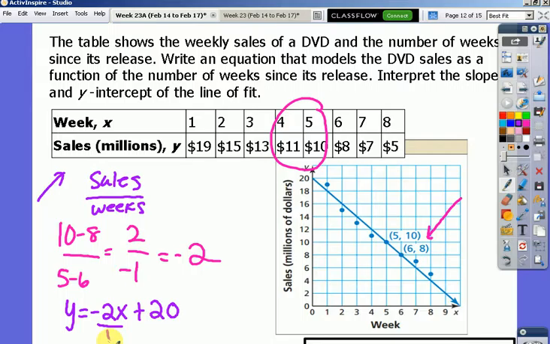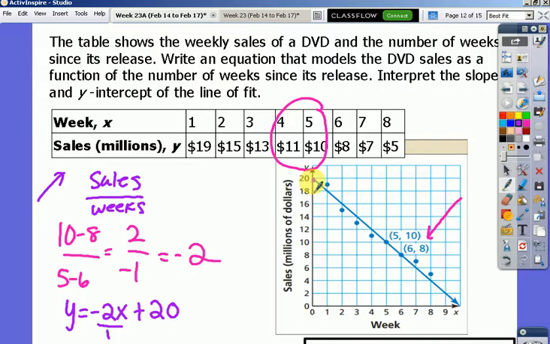The y-intercept. What does this mean? That's how many were sold for the best sale. Does it make sense? No. Why would it not make sense? How could you sell enough DVDs to make $20 million before it's even put out to the general public?